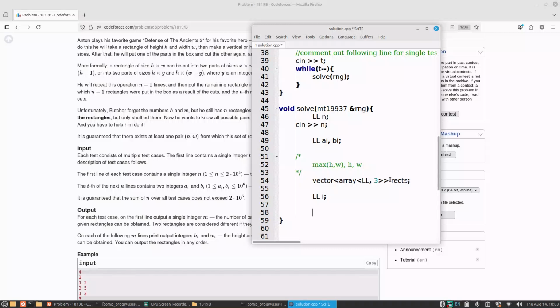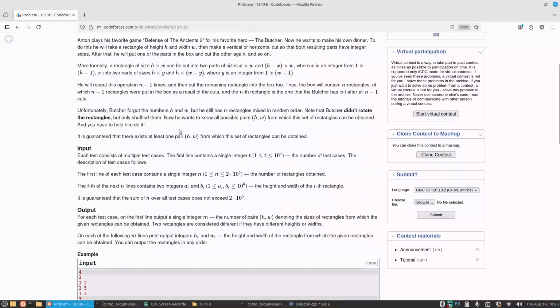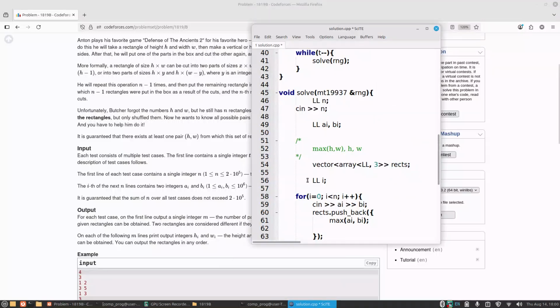So we have max, LBI. Let's just rename this the height and width and make it easier to work with.